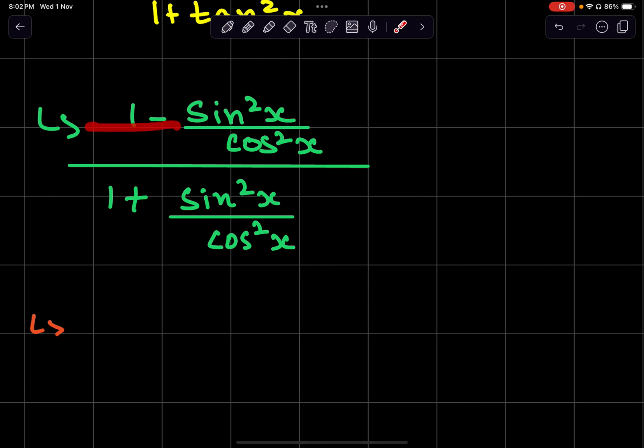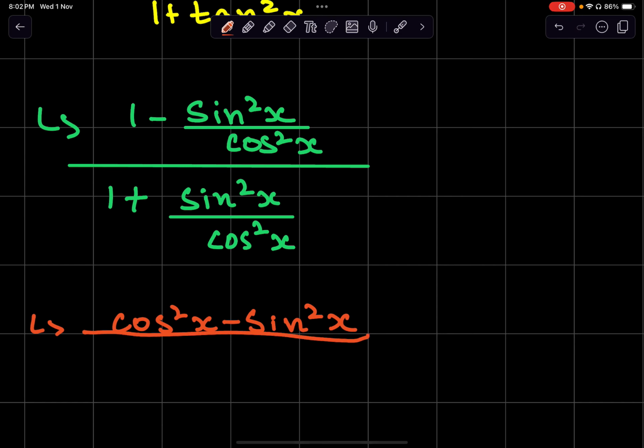We have 1 over here, we are going to make it as cos square x. So if we multiply the denominator of this 1 by cos square x, we are going to multiply the numerator by cos square x as well. So you get cos square x minus sine square x upon cos square x.